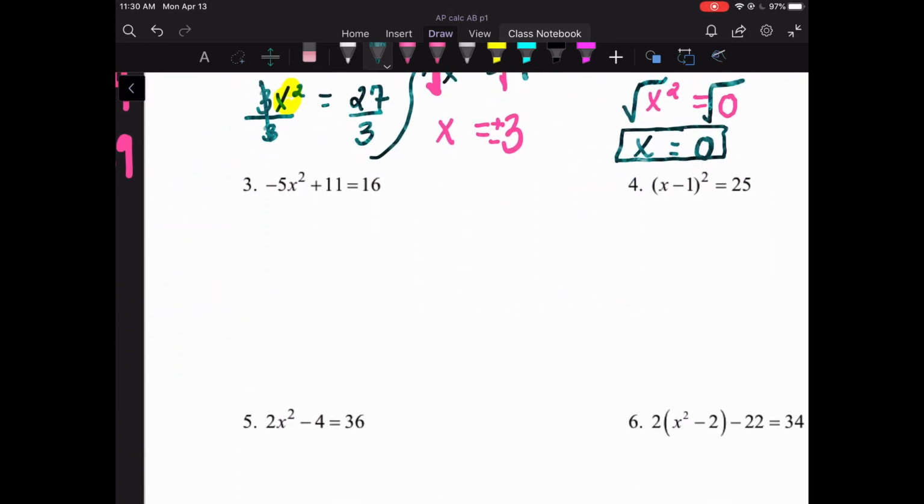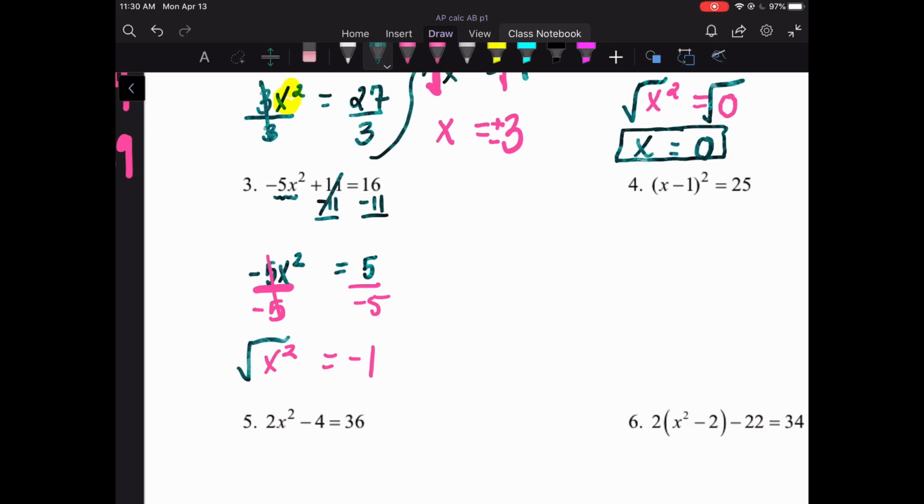Number 3, getting the x squared term alone, you want to subtract 11 from both sides. We get 5 on the right, negative 5x squared on the left. To get the x squared term alone, we want to divide by the coefficient, negative 5. And you will be left with x squared equals negative 1.